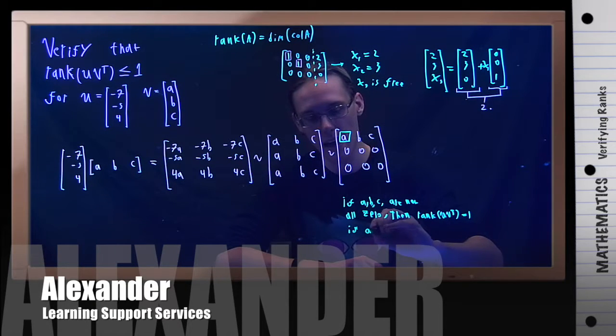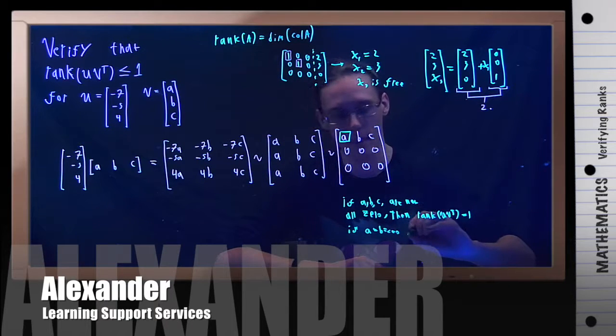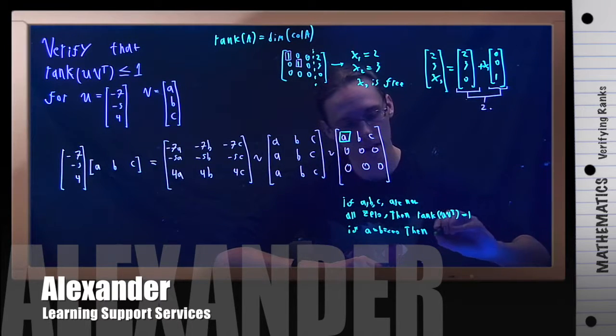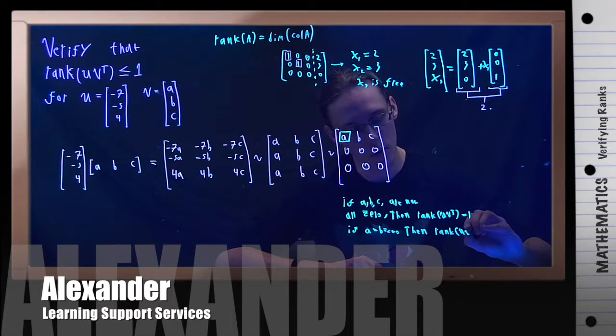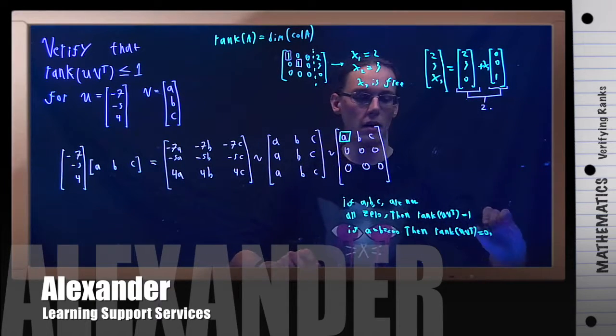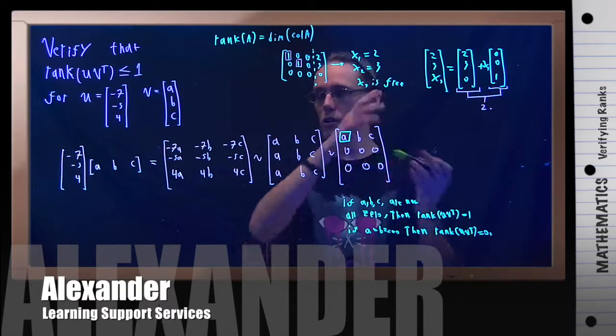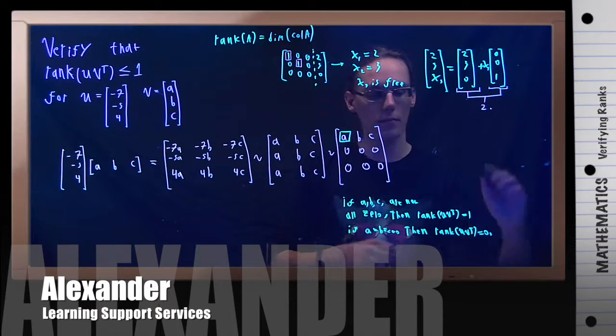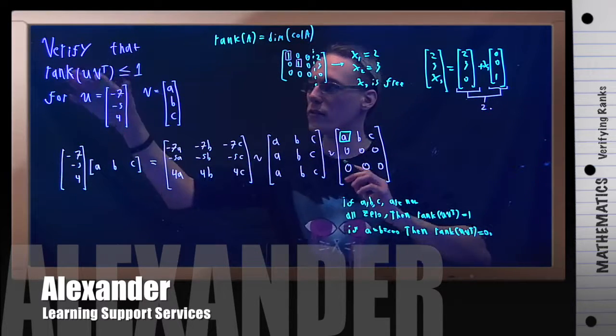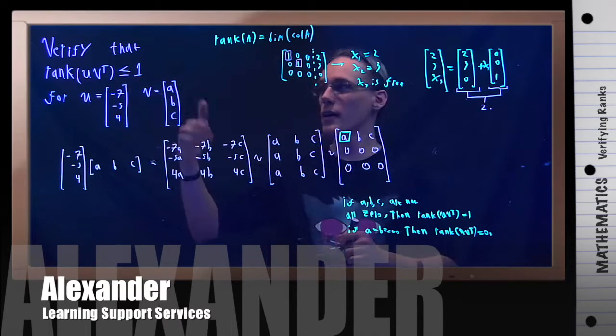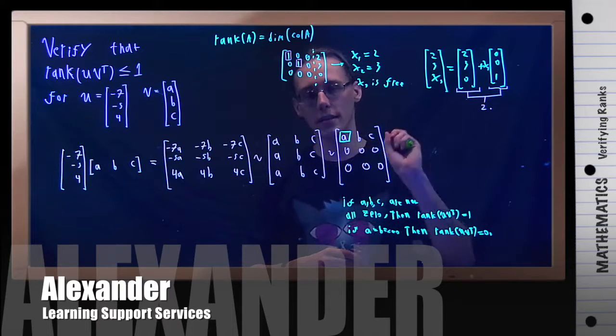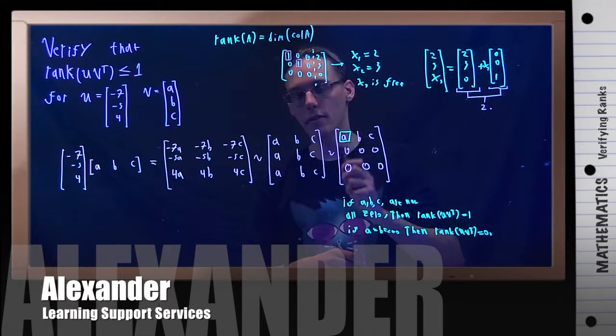If A equals B equals C equals 0, if they are all 0, then the rank of U V transpose is equal to 0. And now if you just look, if I'm either 1 or 0, then I'm less than or equal to 1. And there we go. So we have verified that for this U and this V, the rank of U V transpose is less than or equal to 1. And that is this example.